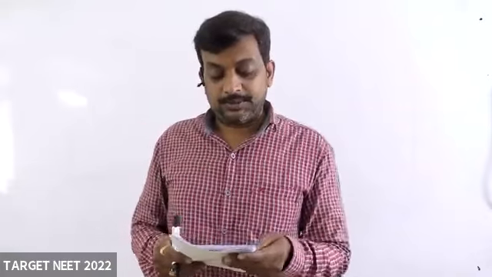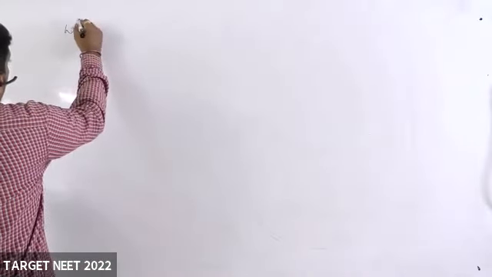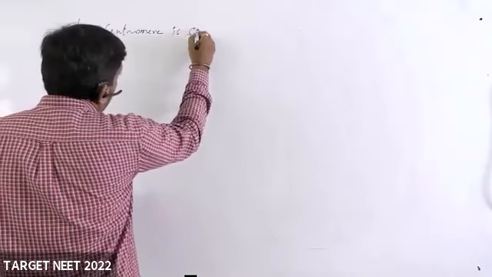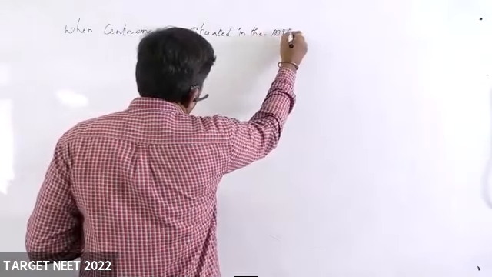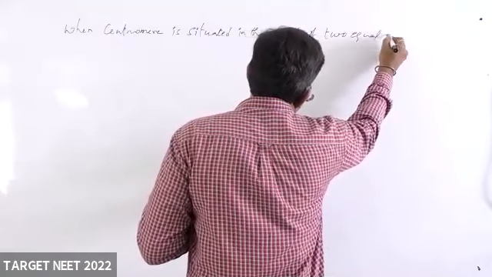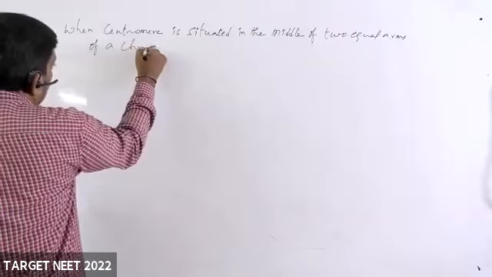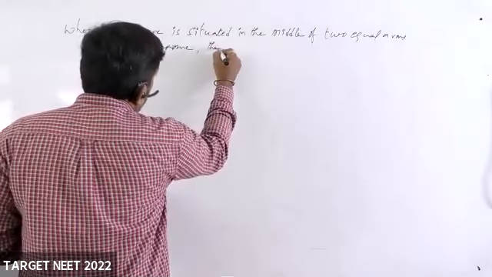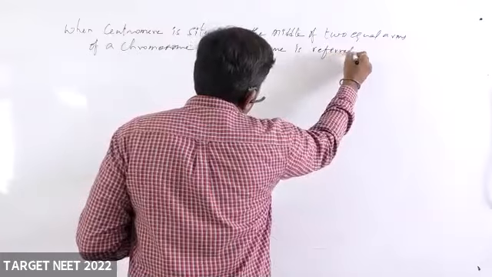Now there is a question related to the cell. When a centromere is situated in the middle of two equal arms of a chromosome, the chromosome is referred to as.